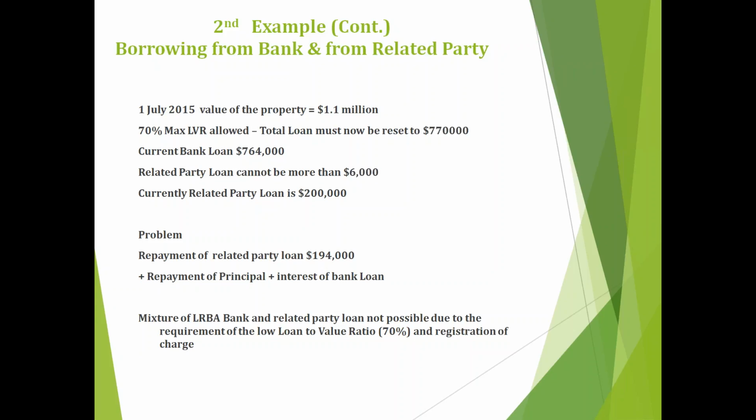The related party LRBA loan payout will be the balance of 194,000, which is the 200,000 less the 6,000 plus principal and interest.